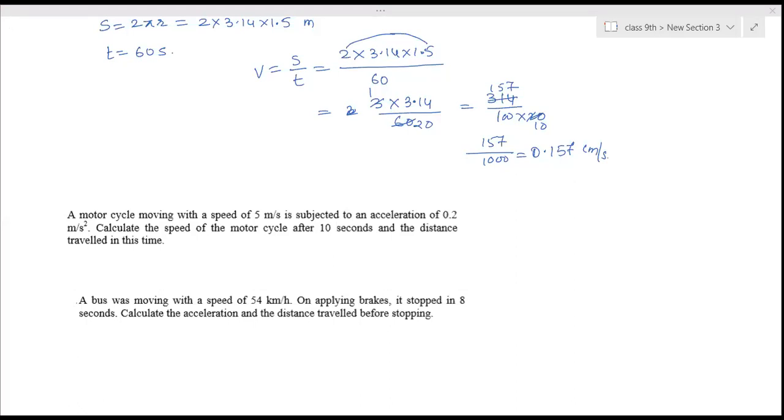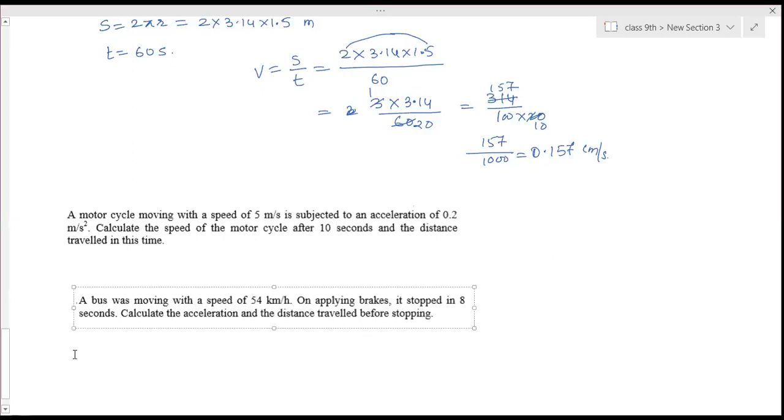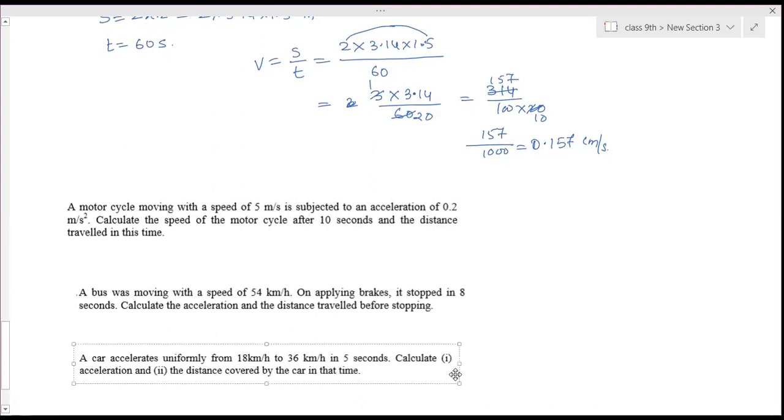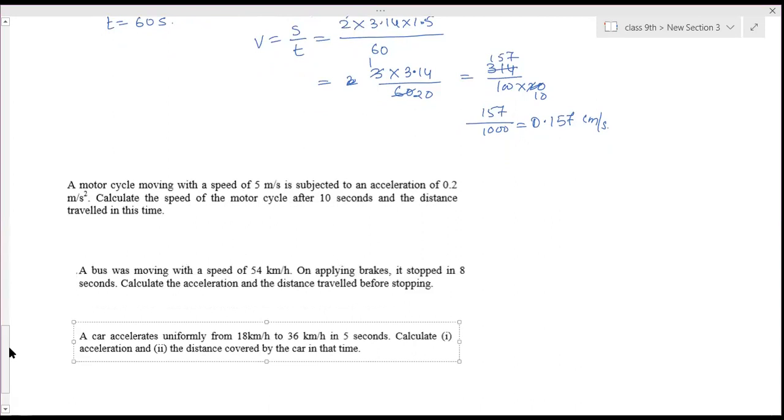No, same, 60 meters. Ma'am, what is the acceleration? Ma'am, the acceleration was minus 15 by 8, right? Yes. Oh, okay. 1.875. We have to change it to decimal. Yeah, I got 1.875. I'm finding the second part.